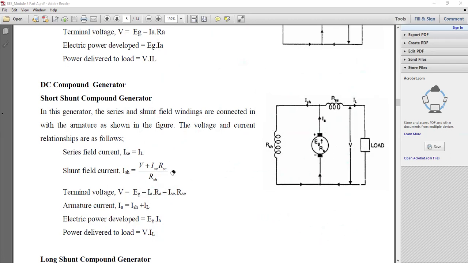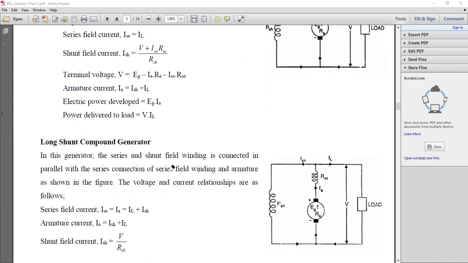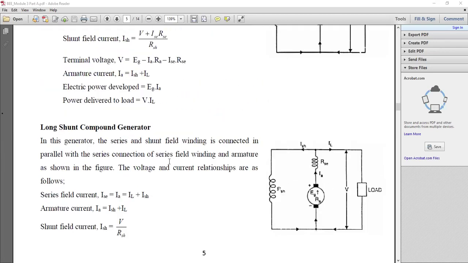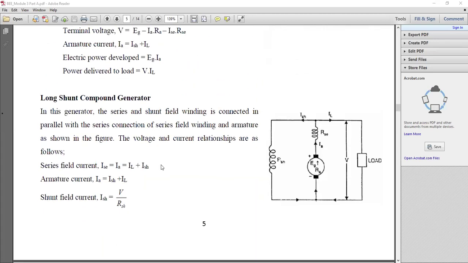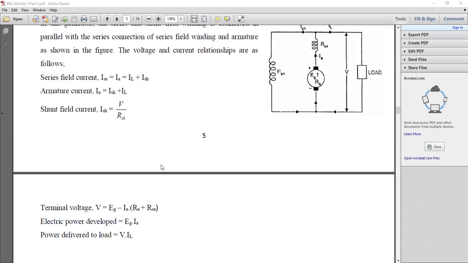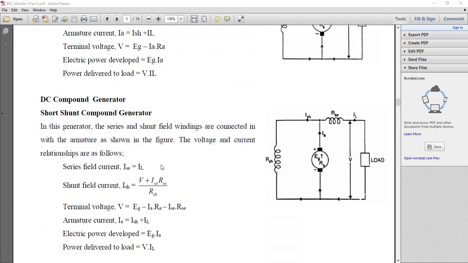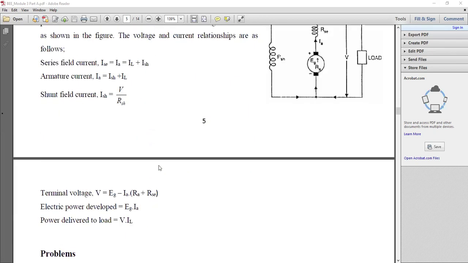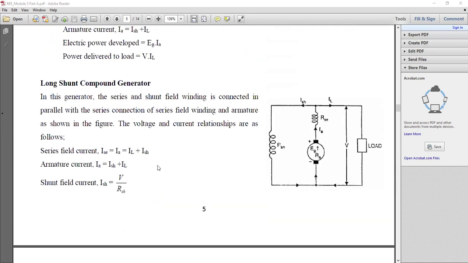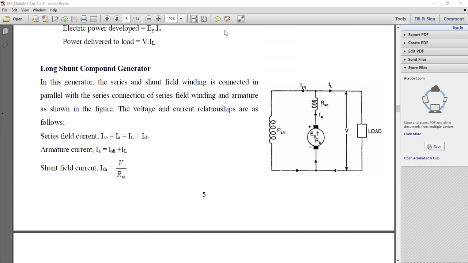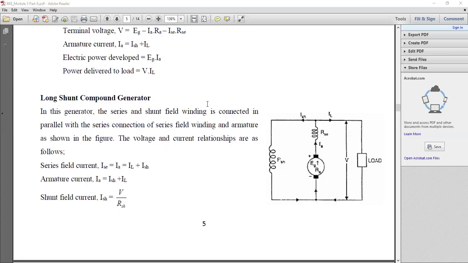So this is regarding the short shunt. We have discussed the compound generator, and in that we discussed the short shunt generator.